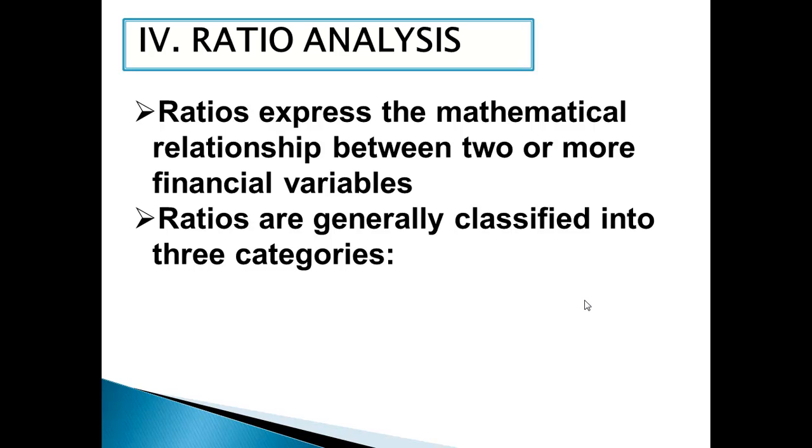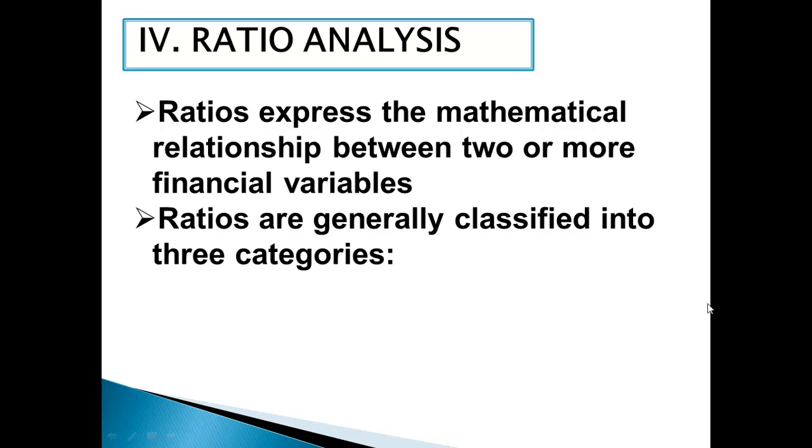Now in the remaining presentations, what we're going to look at is the third tool, which is ratio analysis. And what we're going to do there is look at the mathematical relationship between two or more financial variables. Usually these variables are going to come from either the income statement or the balance sheet. Occasionally they will come from extra information.